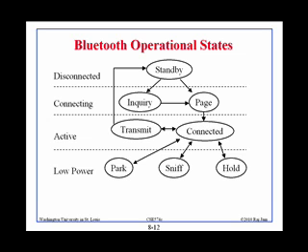So a station itself can be in one of these states. Any station which is not connected is in the standby, and that is what most of the phones are in, the standby mode. And actually when the Bluetooth in your computer is on, it is in the standby mode. And that can take some battery, by the way.